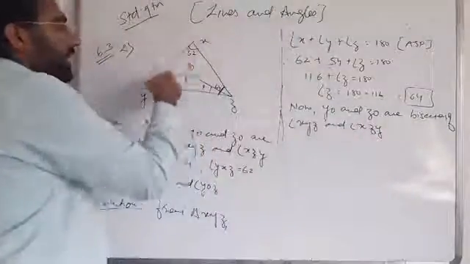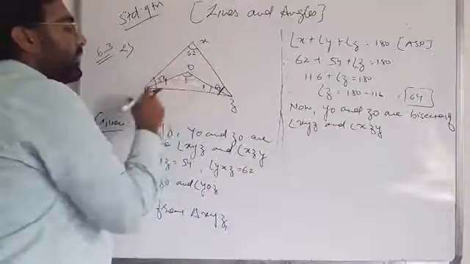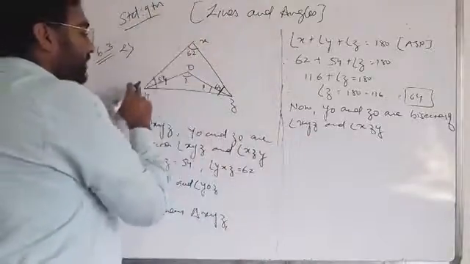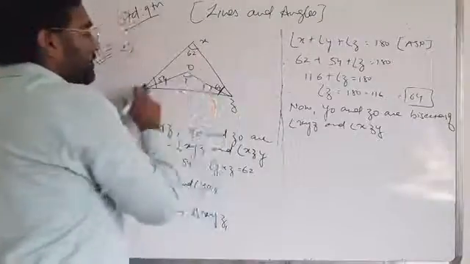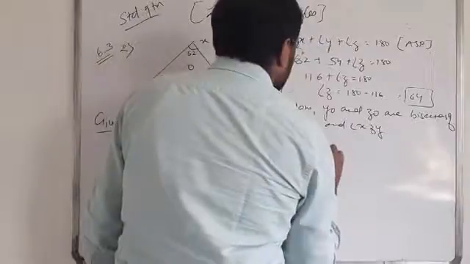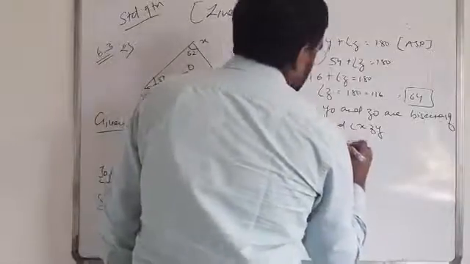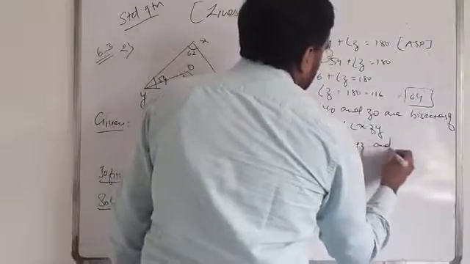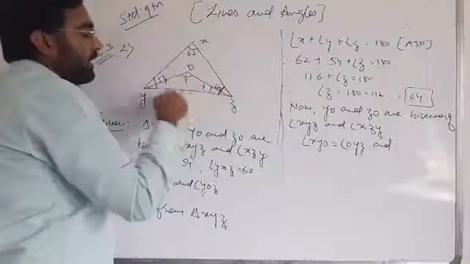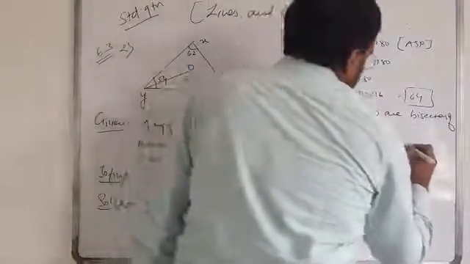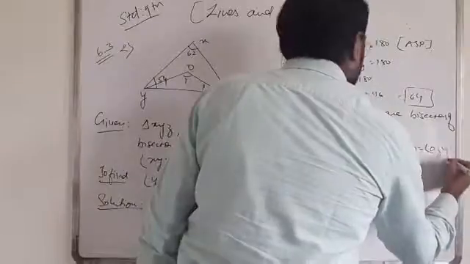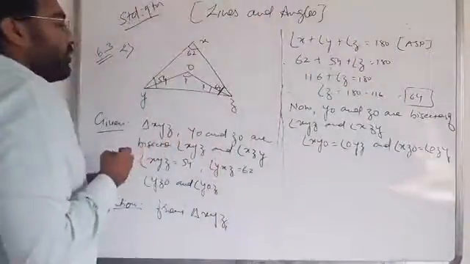Since YO and ZO are bisectors of these two angles, angle XYO is equal to angle OYZ, and angle XZO is equal to angle OZY.